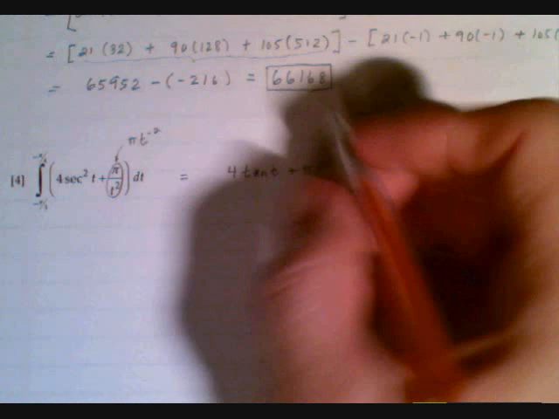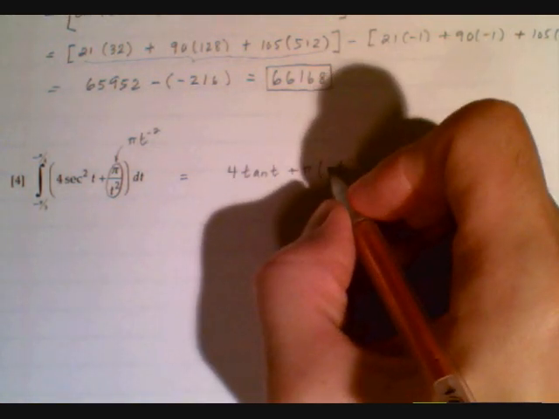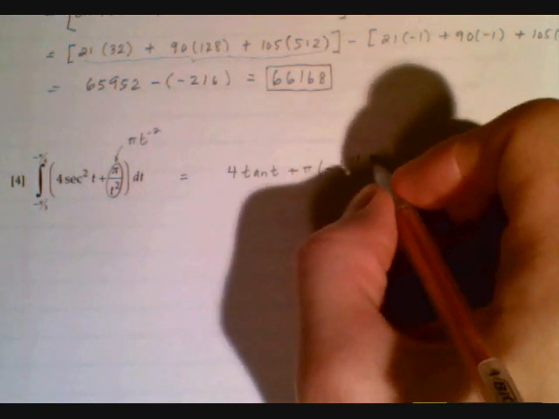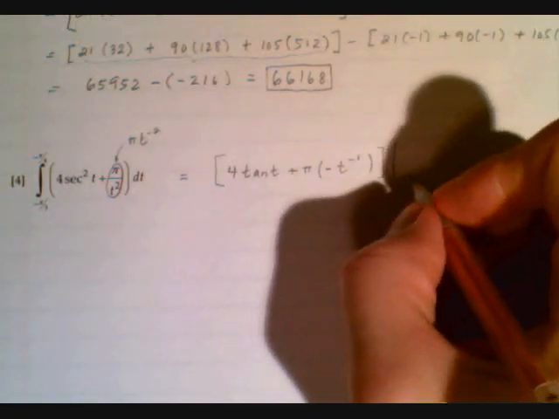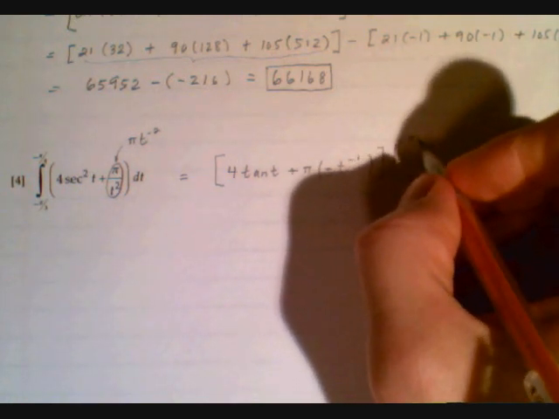Well, dividing by -1 is the same thing as multiplying by -1. And that's going from -π/3 to -π/4. Clean it up a bit.